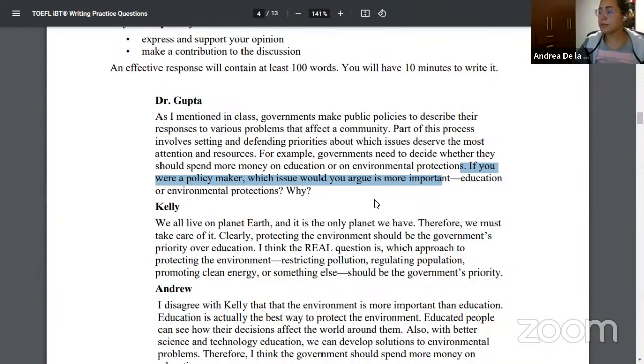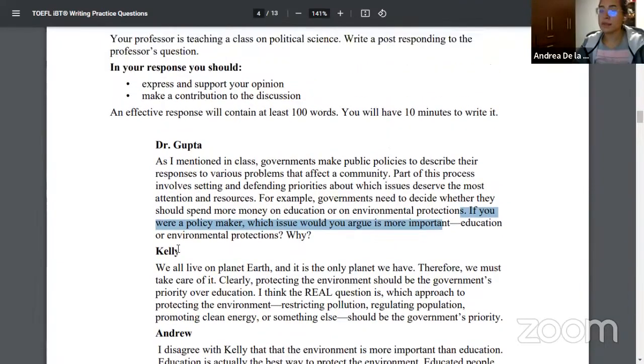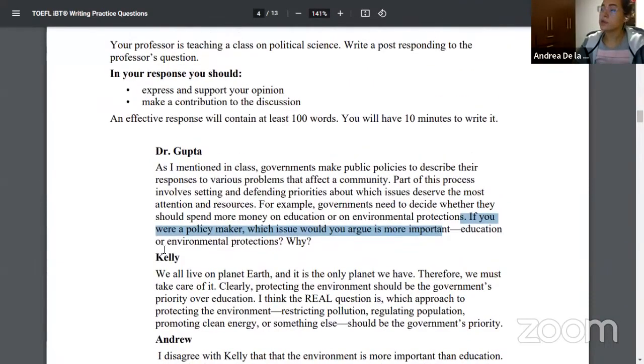I'm going to give you a moment to think. Don't read yet what the students said, because remember that can interfere with your ideas. So think about your opinion, think about your research.